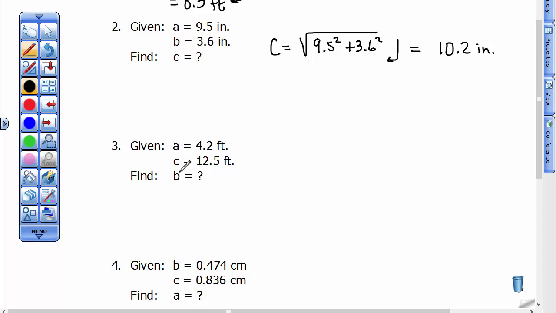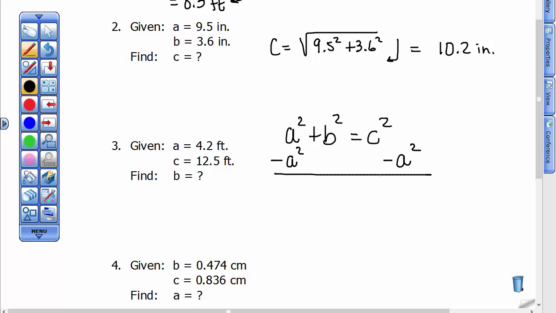Now in question number 3, I want to find side b, not side c. The Pythagorean theorem is set up such that I can find side c really well. But if I want to find side b, I've got to get a out of the picture on this left-hand side. So I'm going to subtract a squared from both sides. Now I've rearranged the Pythagorean theorem, and it reads b squared all by itself is c squared minus a squared.